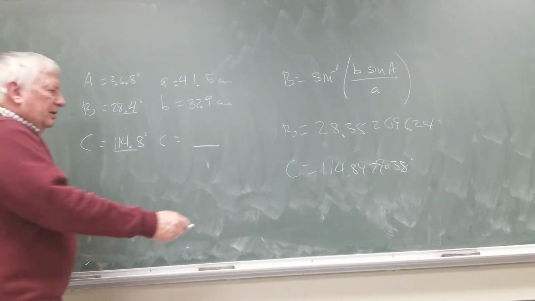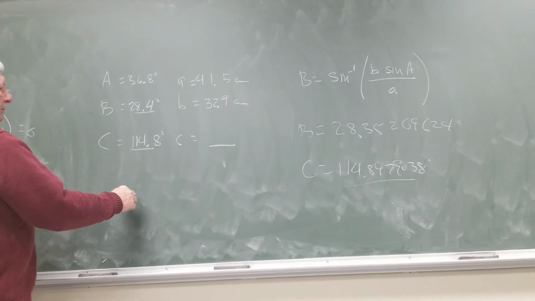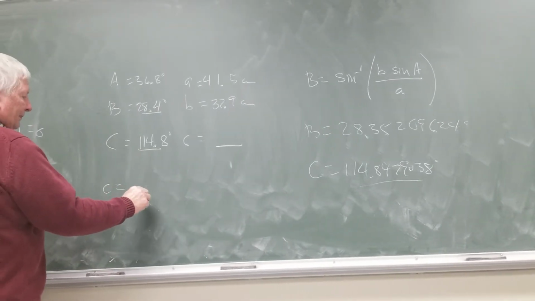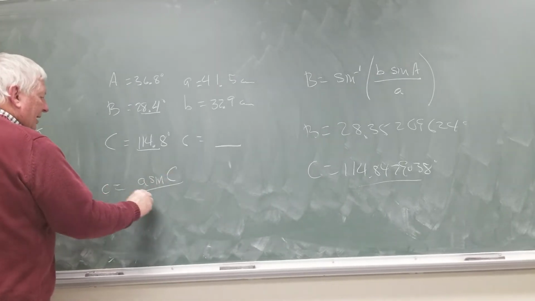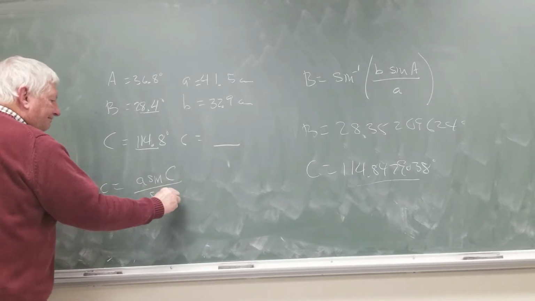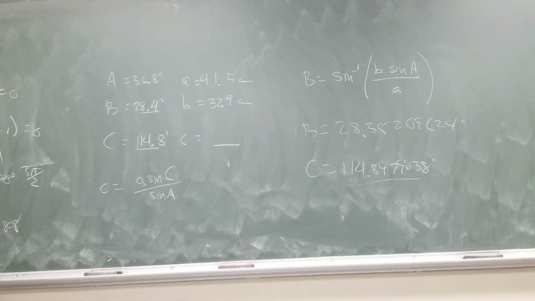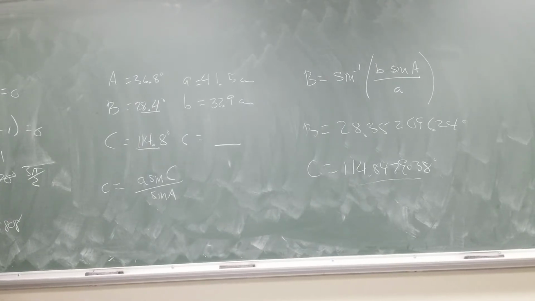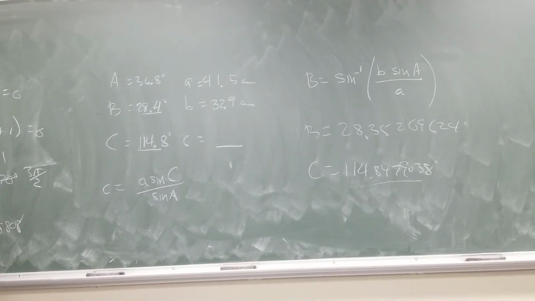But we use this value to compute side c, because side c is equal to side a times the sine of angle C divided by sine of angle A. So let's do that. 41.5 times the sine of my second answer, divided by the sine of 36.8.